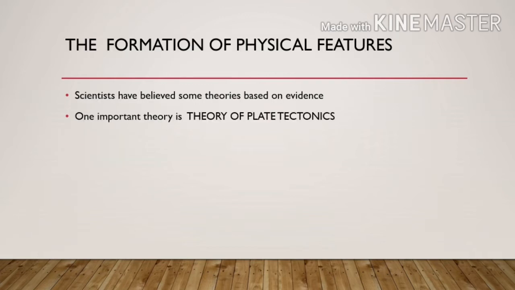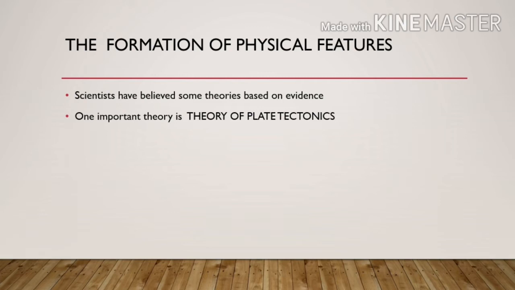In this slide we come to know the formation of physical features. Scientists around the world have believed some theories based on evidences. They came to the consensus that the formation of physical features is based on some physical happenings. These happenings are weathering, erosion, and depositions.